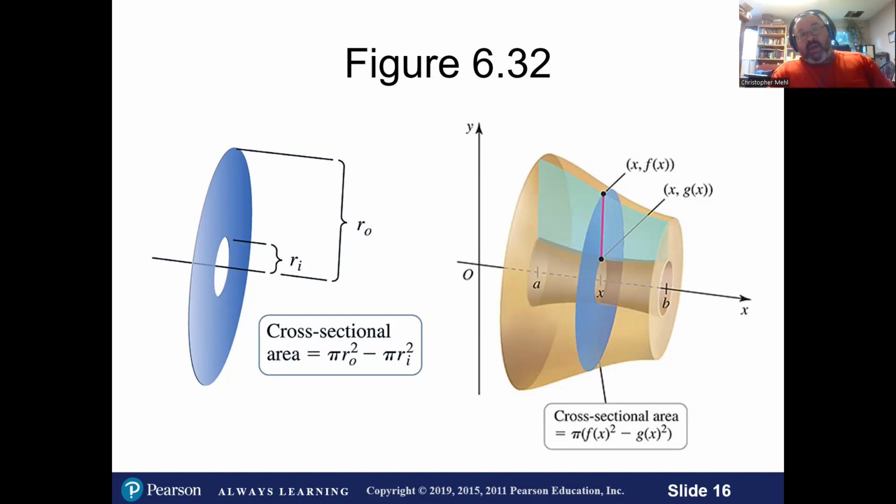And we're going to integrate that from a to b to get our volume. Note here it's f of x squared minus g of x squared. It's not the quantity squared. Easy mistake to make. You're finding the area of the outer disk minus the area of the inner disk.